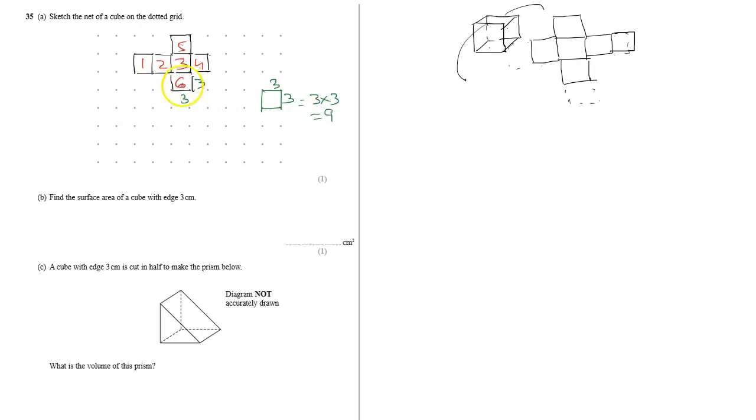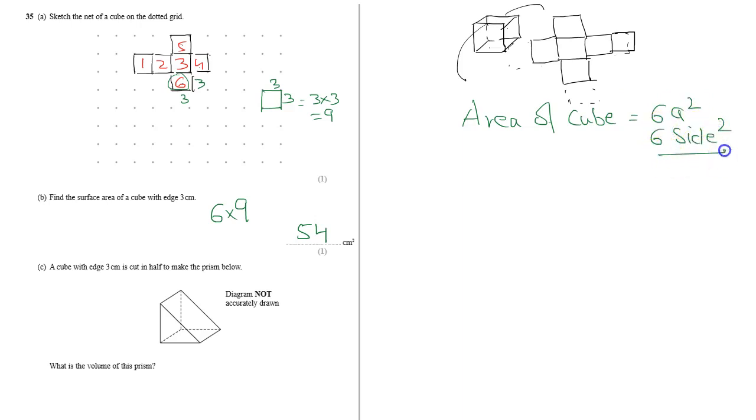So in total we have 6 surfaces, so 9 multiplied by 6 is 54 centimeter square. The formula for the area of a cube you can directly use. Area of a cube is 6a square, or you can write 6 side square. You can use any formula.